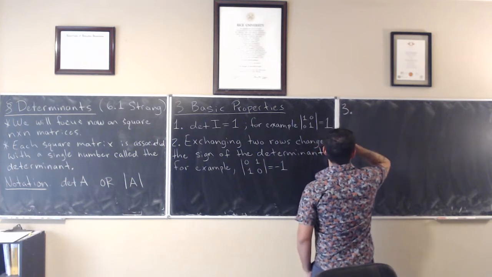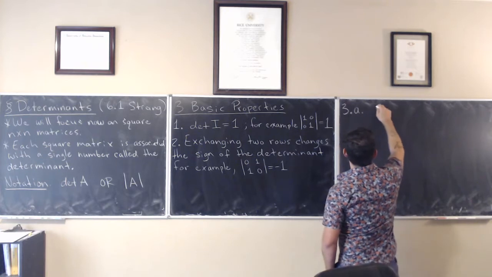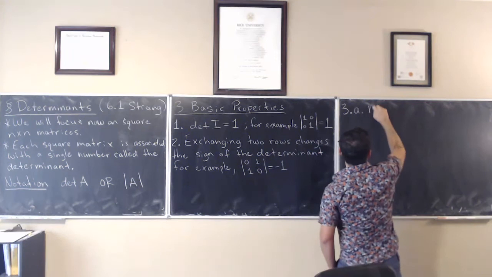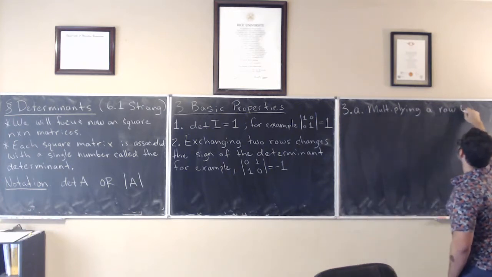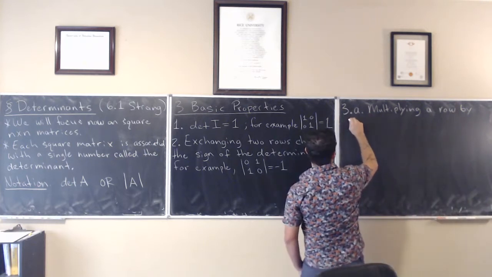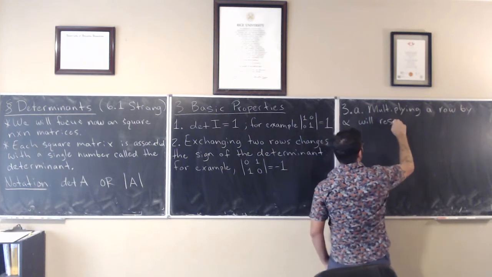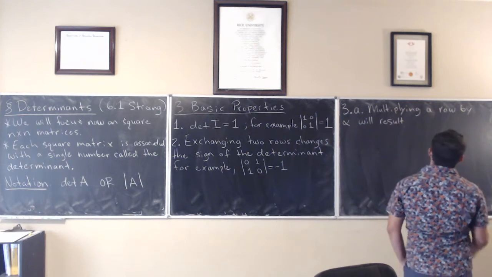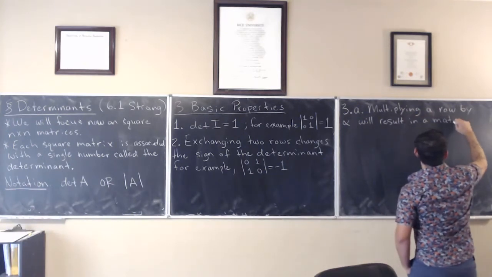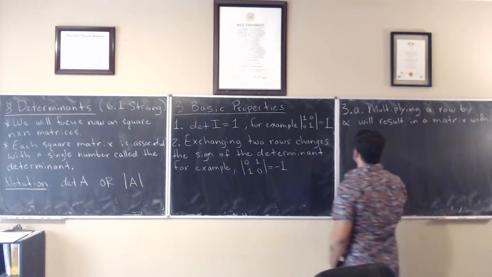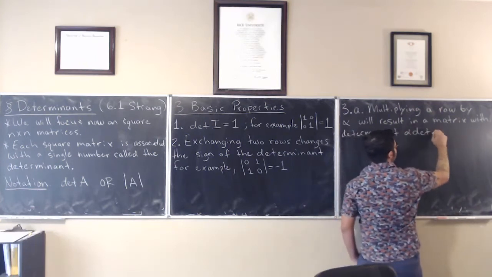So 3a, if we multiply a row by a scalar, so multiplying a row of matrix A by some scalar alpha will result in a matrix with determinant alpha times the determinant of the original matrix.